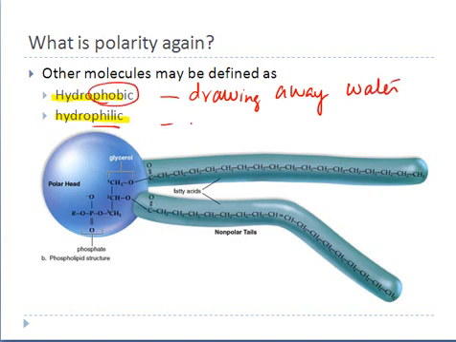Philic means water loving. So for example, if you take sugar or salt and you dissolve it in water, then it dissolves very well. You have a uniform consistency, and that is called hydrophilic, which is an end that will get closer towards the water.